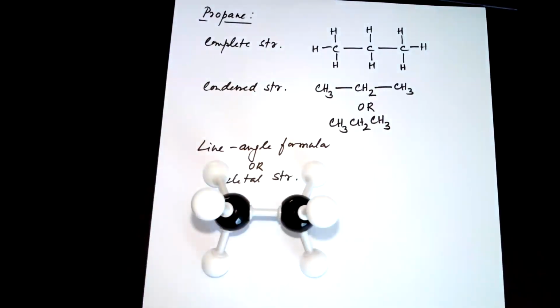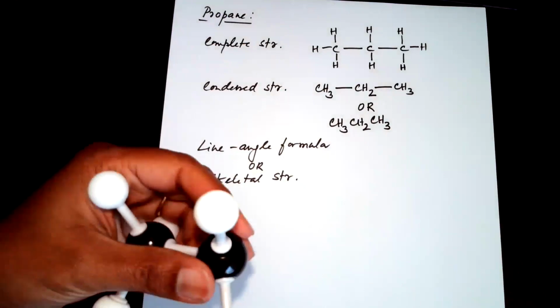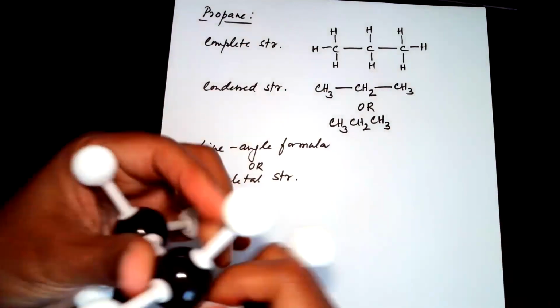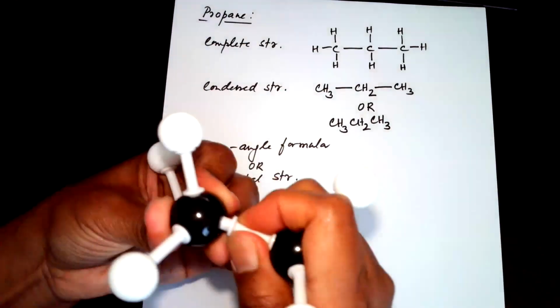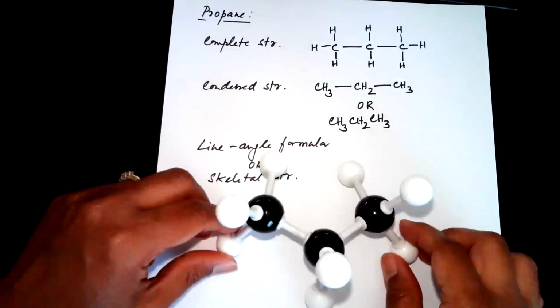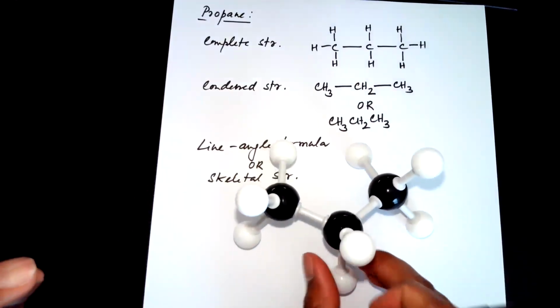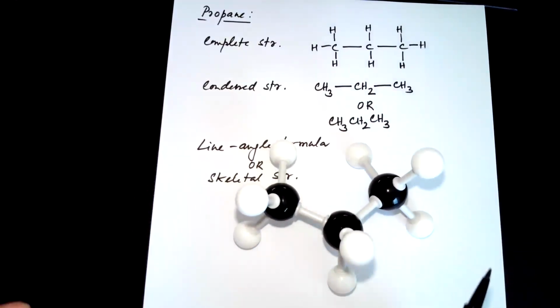And then for the third one, again, I would take a bond off and attach a third carbon. Now, I want you to just look at the carbon skeleton of the molecule. So it's a line angle formula. I would draw the lines between the carbons and at the correct angle.